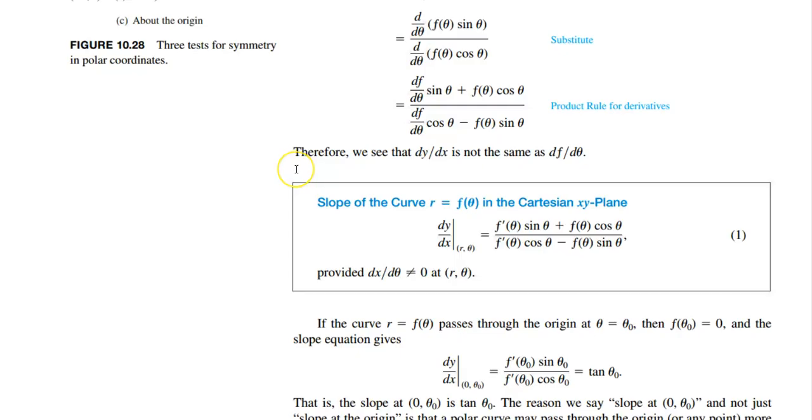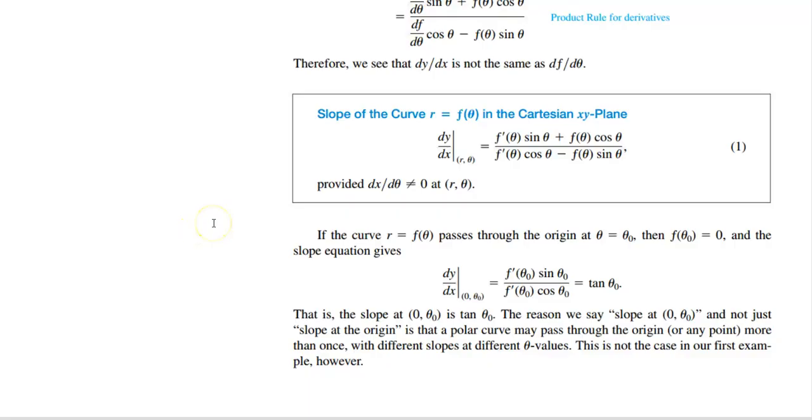And if the curve r equals f of theta passes through the origin at theta equals theta 0, then f of theta 0 equals 0, and the slope equation gives us dy/dx at (0, theta 0) equals f prime of theta 0 sine theta 0 over f prime of theta 0 cosine theta 0. We cancel the f prime of theta 0 on top and bottom, and we're left with tangent theta 0.